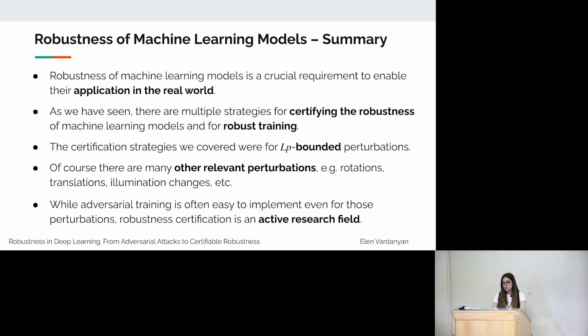These certifications that we covered were using Lp-bounded perturbations, even though there are other types of perturbations which do not change the semantic meaning of the inputs. But these are just the ones that are easier to work with.